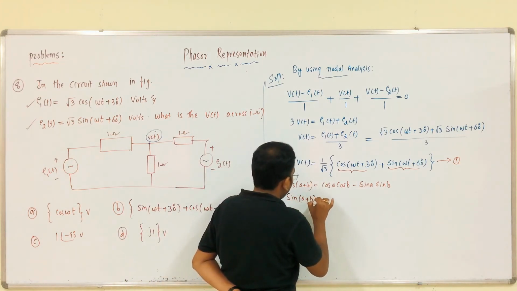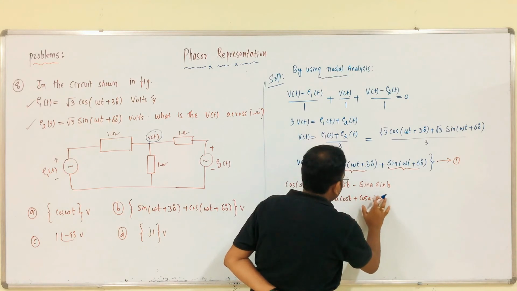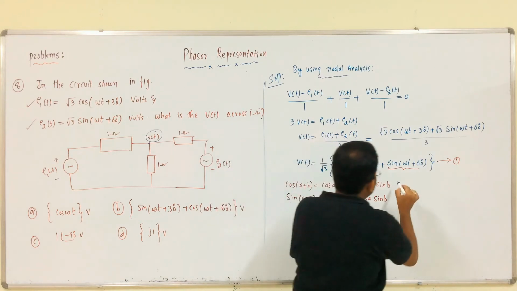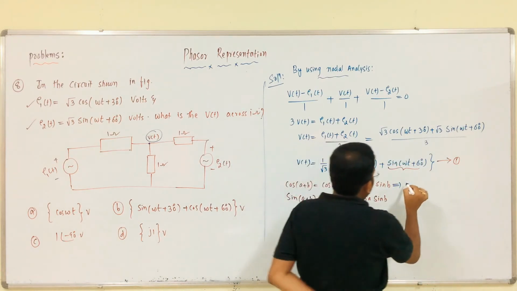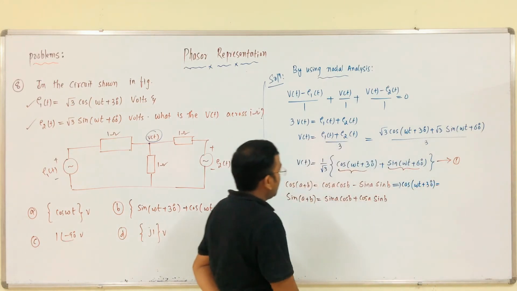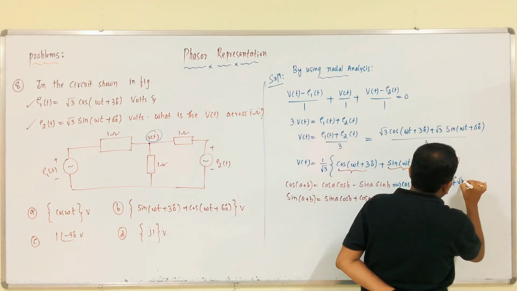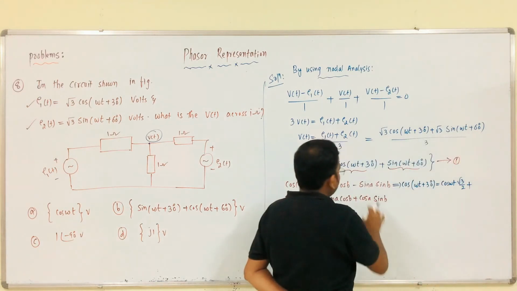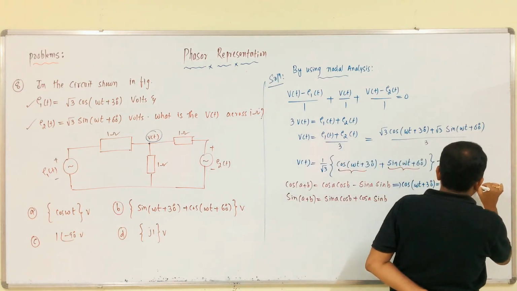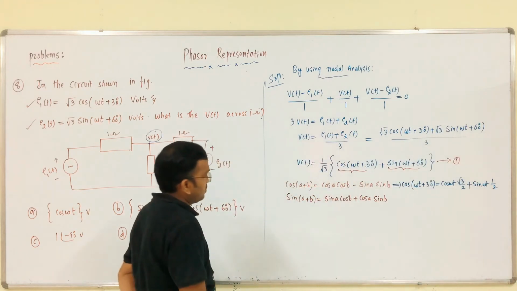Sin of (a plus b) is sin a cos b plus cos a sin b. Therefore, cos(omega t plus 30) is nothing but cos omega t cos 30, cos 30 is root 3 by 2, minus sin omega t sin 30, 1 by 2.